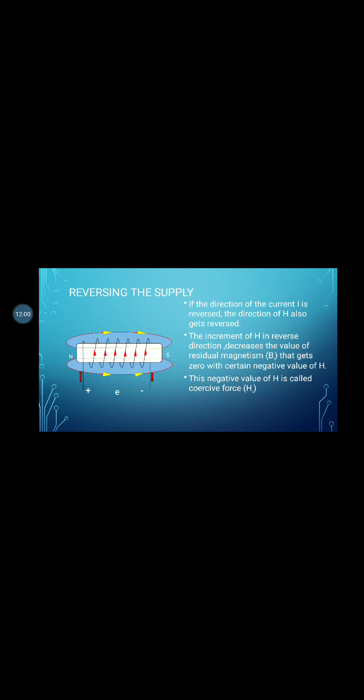If the direction of current is reversed, the direction of H also gets reversed. Increasing H in the reverse direction reduces the residual magnetism Br, which gets 0 at a certain negative value of H. This negative value of H is called coercive force.